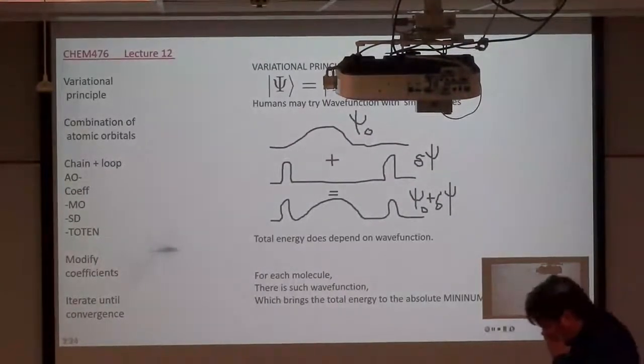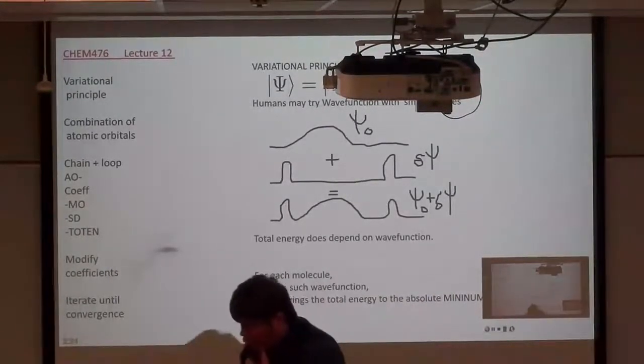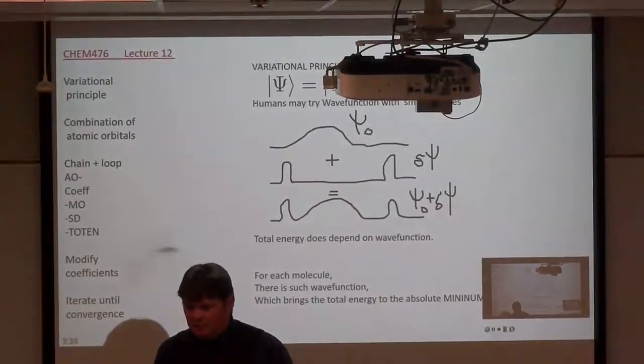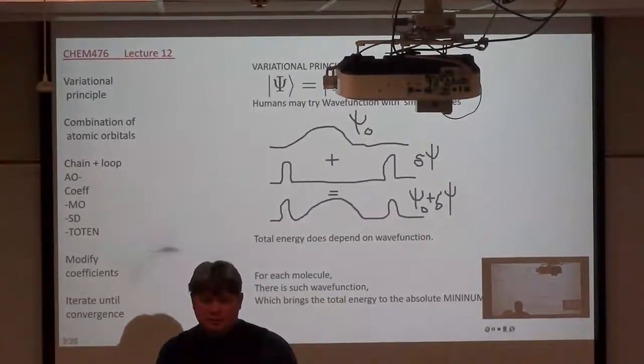And why do we need variation in principle? Because we need a criterion. If you develop a procedure to solve for the total multi-electron wave function, for total energy and for orbitals, we need a criterion, since it all will be done numerically.